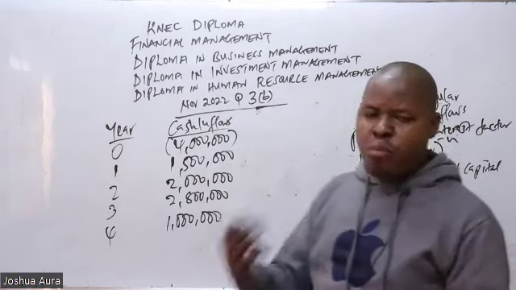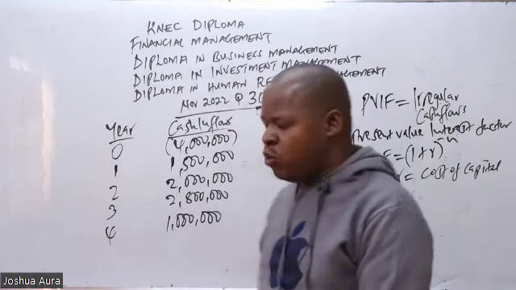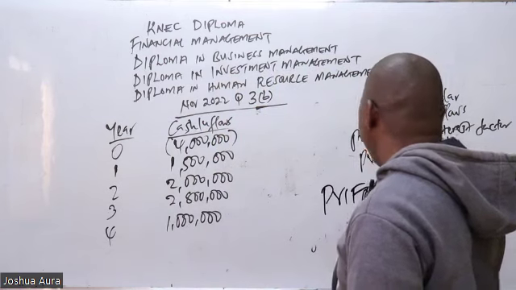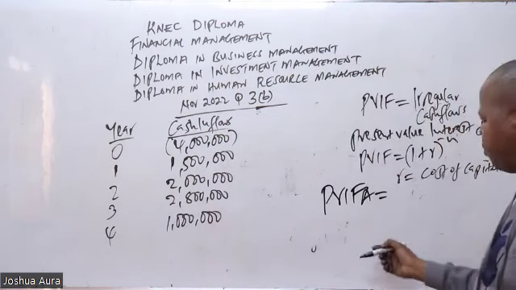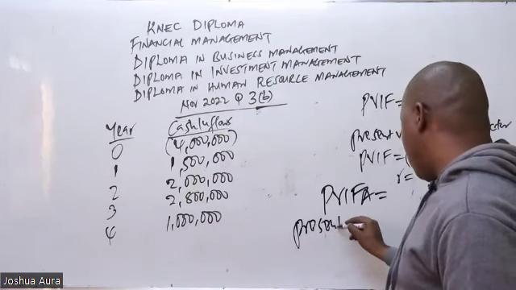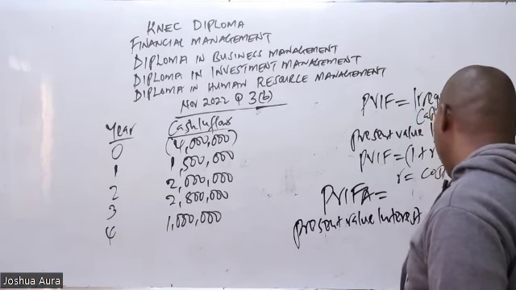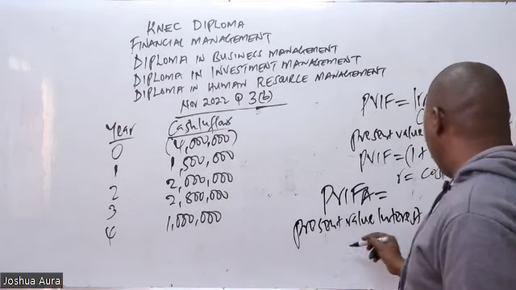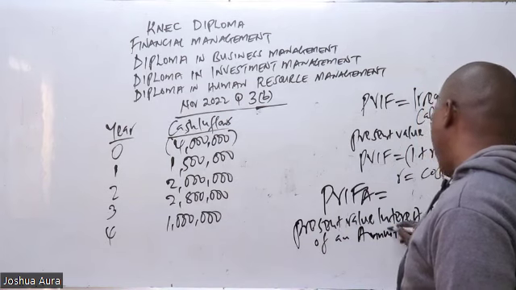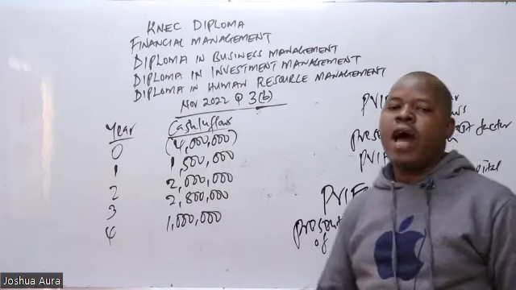And what is the other formula of discounting? The other formula of discounting is called PVFA, which means present value interest factor of an annuity.